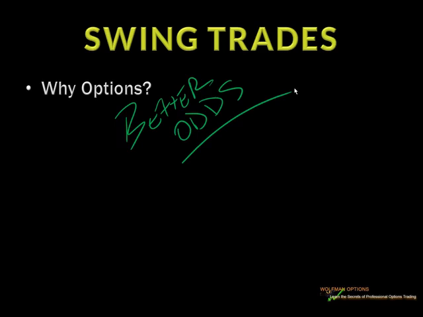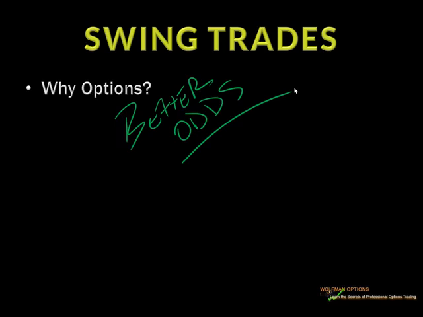So it's not always working out that way where you get into this underlying and it immediately starts working in your favor. It doesn't always do that with options either, but at least with options, we know what our risk was getting involved in it or our probabilities, and all of those things are going to help us stay focused, all right?